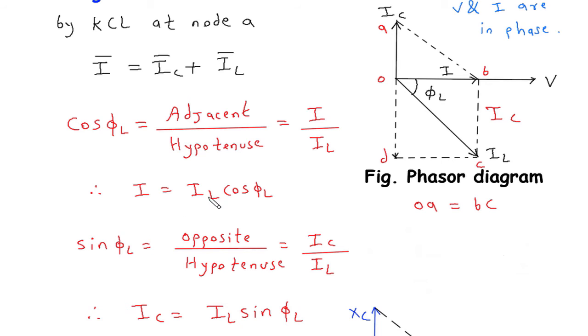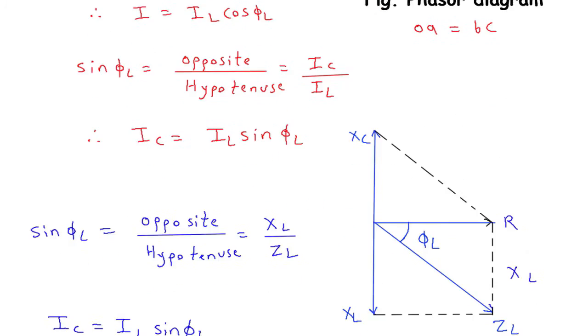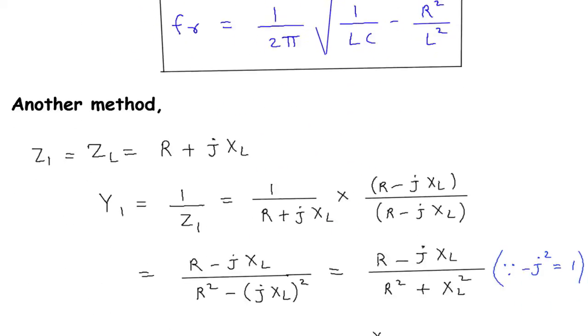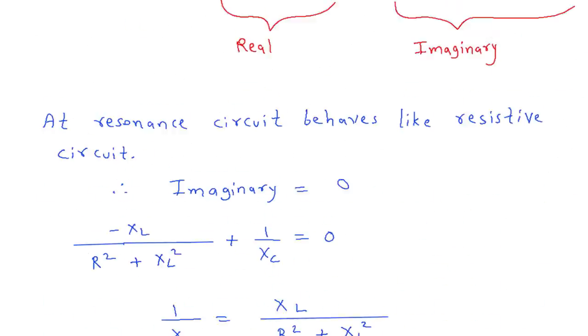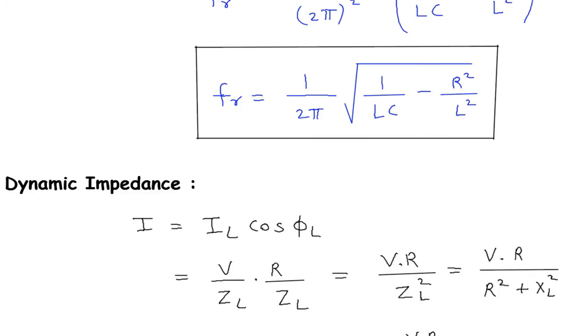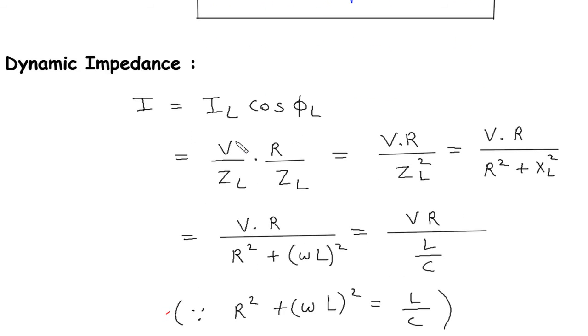And this current I is equal to IL cos phi L. So if we substitute this value, IL is equal to V by ZL into cos phi L, which is again R by ZL. Now this will be ZL square and this will be V into R.